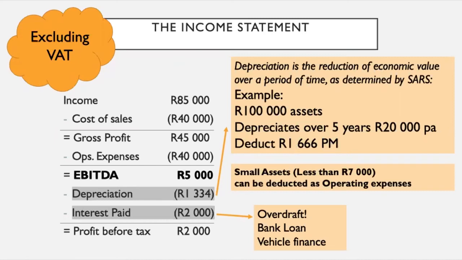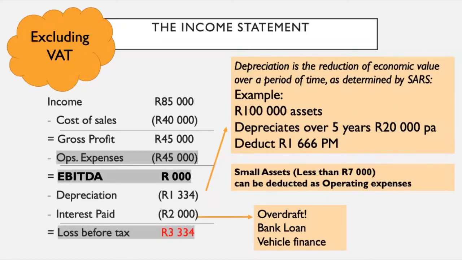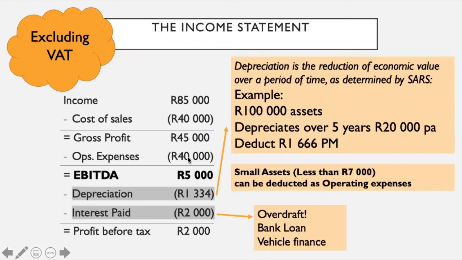Okay. Very importantly, SARS do give the following allowance to small businesses. Small assets, which are less than 7,000 Rand, can be deducted as operating expenses. So actually what we are doing is we are depreciating that small asset in one shot. So for example, if we were to buy, so we've got some 40,000 Rand here, we go and we buy an asset of 5,000 Rand.